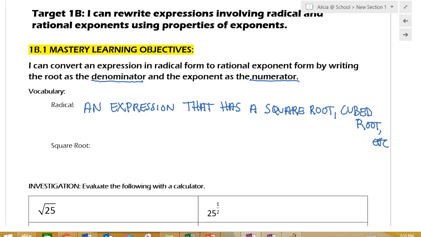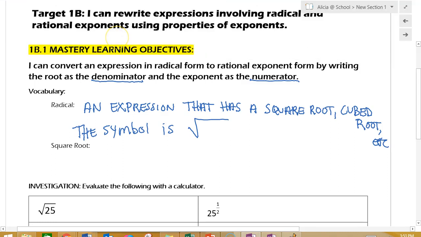And the symbol that you use to write a radical is a radical symbol. It kind of looks like that in the house. What we'll see later is that you're going to have a little index number in here.